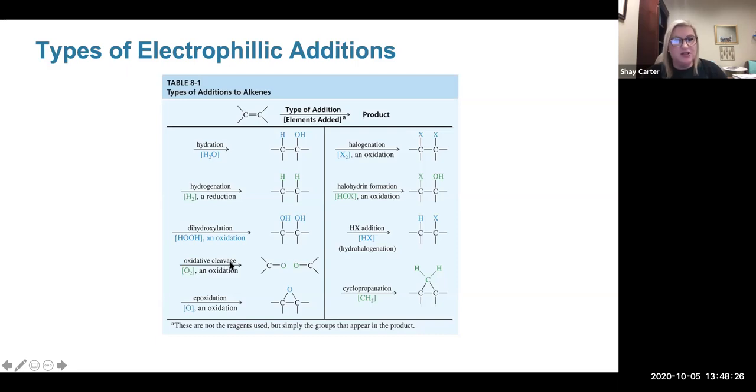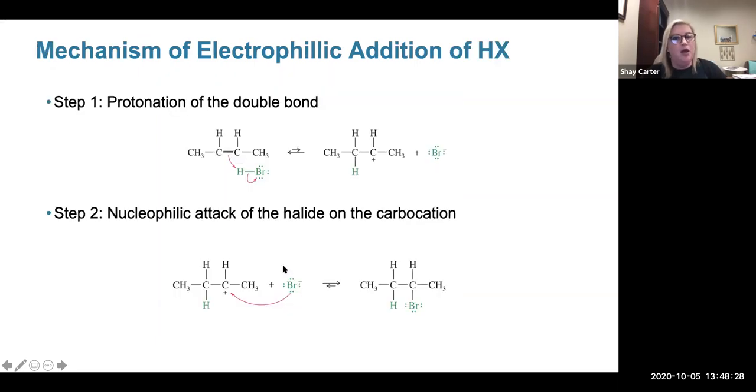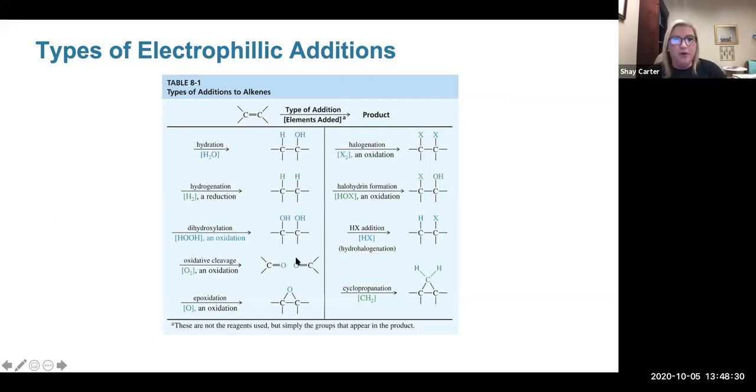Oxidative cleavage, okay, is a little bit more complicated, but we're adding oxygen across the double bond. Epoxidation actually adds one oxygen across the double bond, and it adds it to the same carbon, which creates a small three-membered ring, okay? Halogenation adds a double halogen, okay?